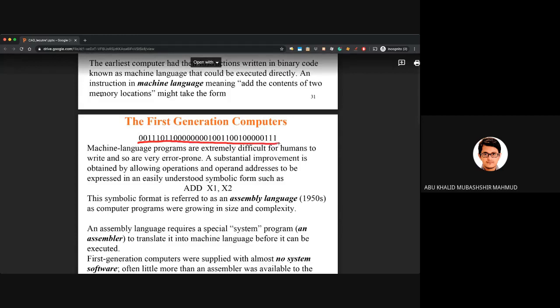This whole sequence of binary bits is used to execute this command: add the contents of two memory locations, and this is the machine language instruction of that simple English instruction.